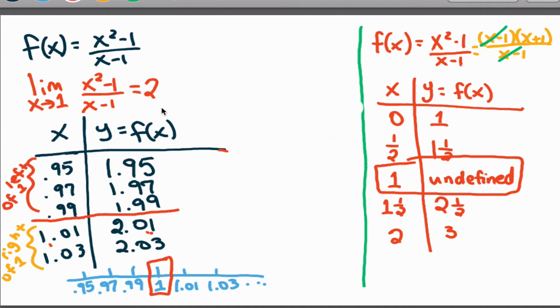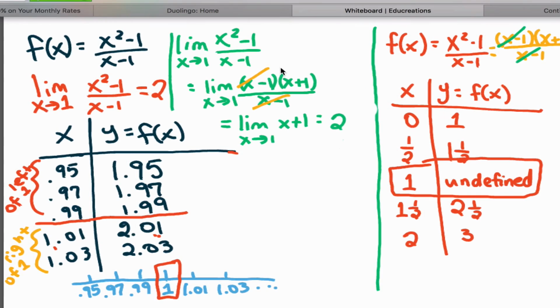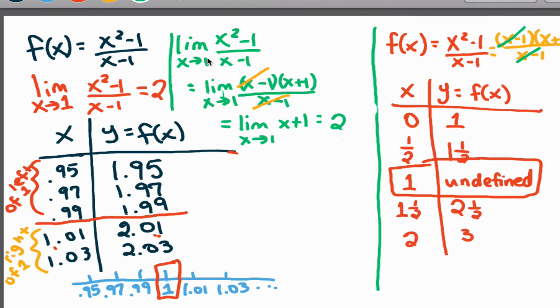In fact, we can use the cancellation property here when we're using the limit, but we can't use it when we're just looking at the function. That's another advantage of limits. Because I can cancel, I can write the limit as x approaches 1 of x squared minus 1 all over x minus 1.